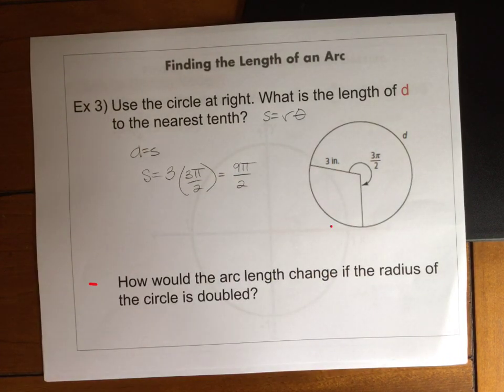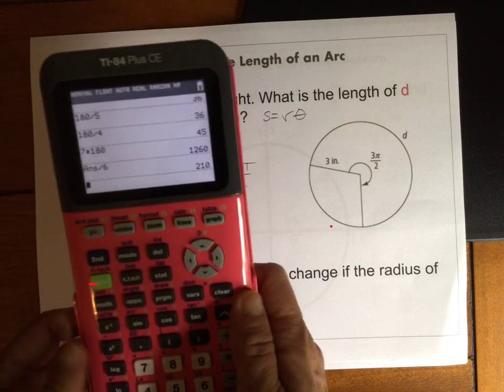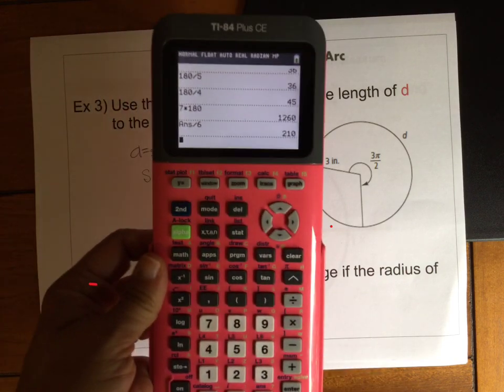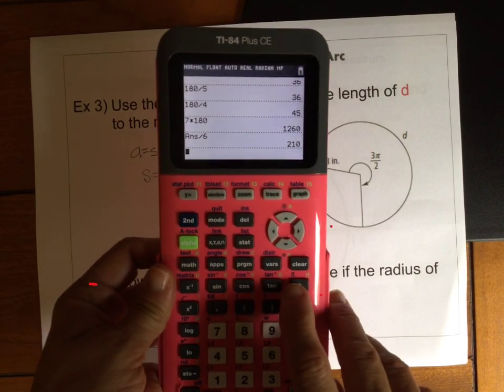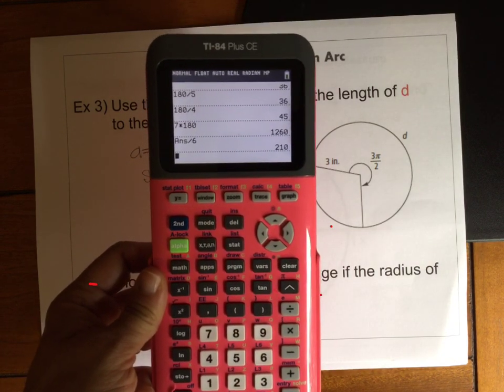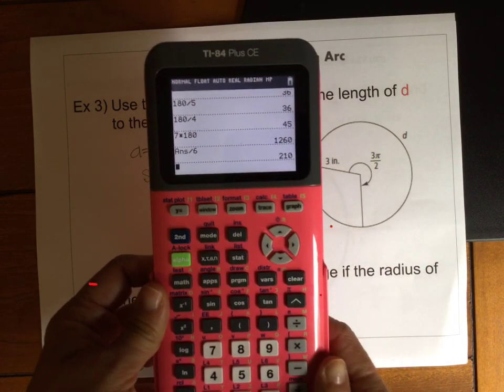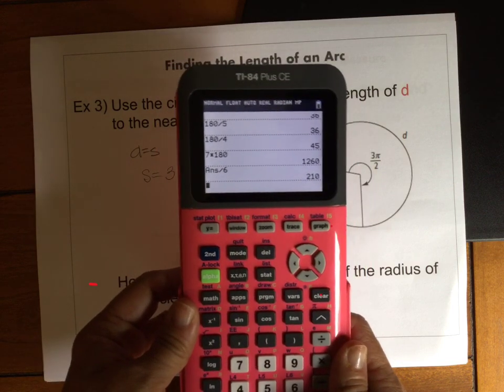Now because it's a length, this is when I don't want you to have the pi in there. I don't know if you guys noticed, but see above the little caret, there's a pi symbol there. I really would prefer if you use that when solving these, like that's kind of the level of math we're at. We're not just going to use 3.14.